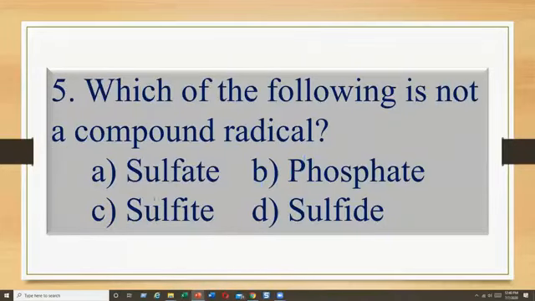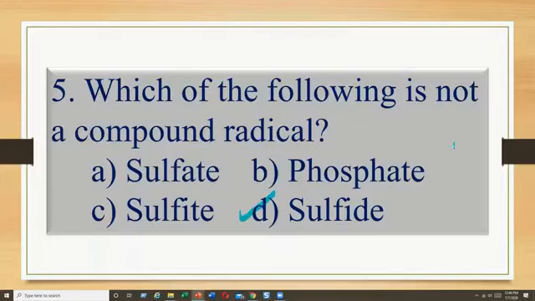Which of the following is not a compound radical? A compound radical contains more than one element, but here is a radical which is not a compound radical. D. D is sulfide.